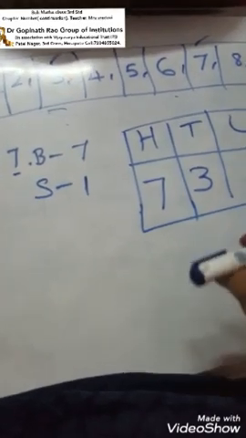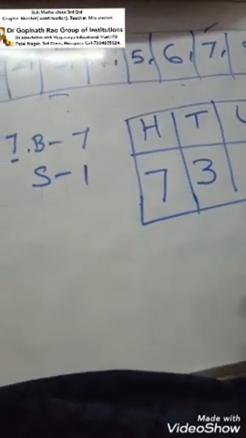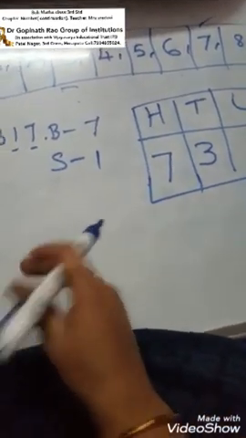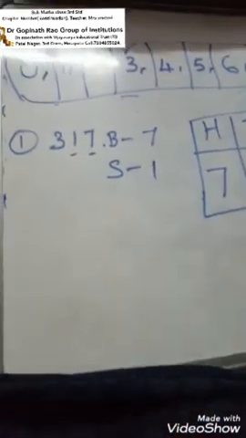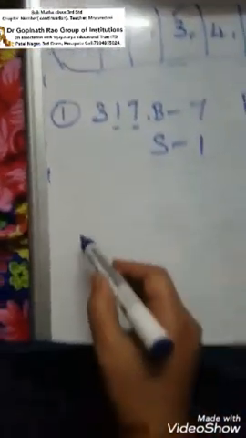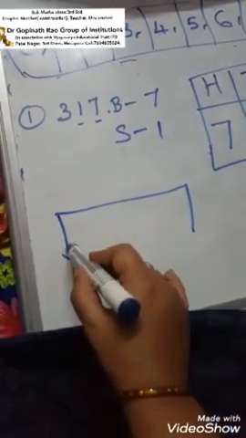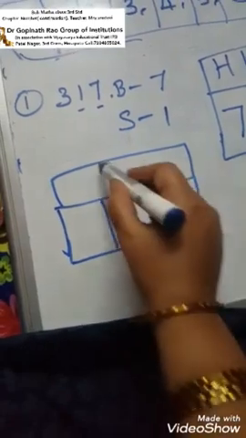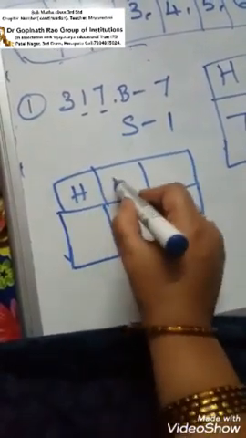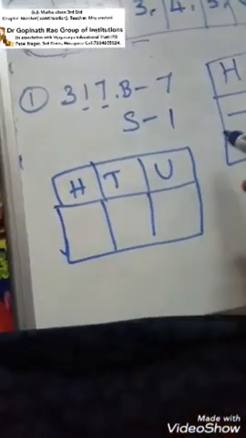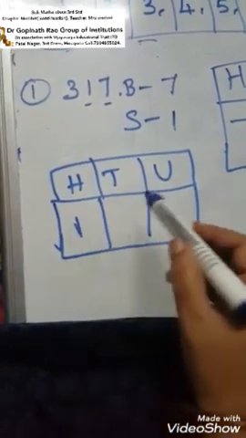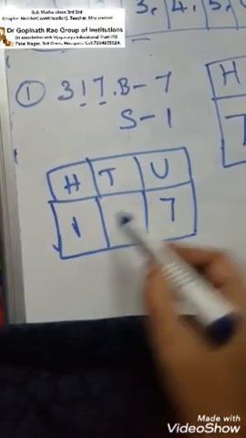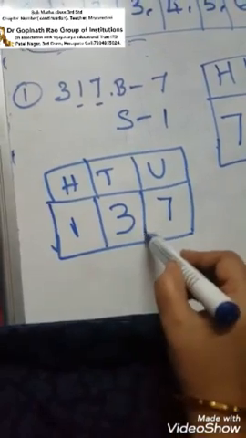Okay, children. Next, what is there? Then remove the cards and keep the smallest number in the hundreds place. We have to remove the smallest card and keep it in which place? Hundreds place. So we keep the smallest number in the hundreds place and the biggest number in the units place, then the remaining in the tens place.